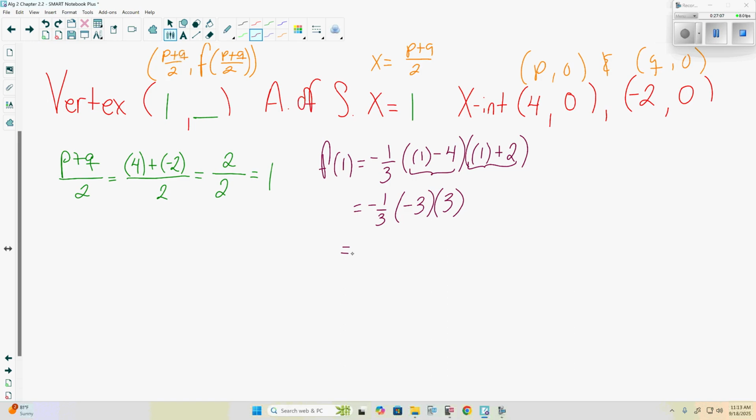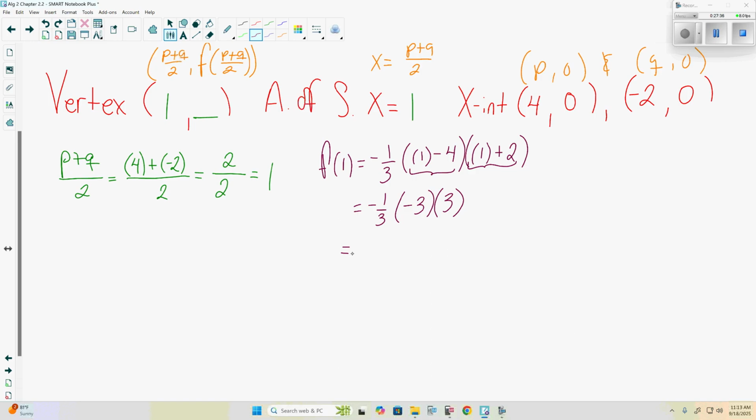Now, they were kind of nice with this here, especially with this fraction. We don't necessarily have to have integer answers every single time. But if we look at this, we have a negative times a negative times a positive. Well, a negative times a negative is a positive. Positive times a positive is still positive. 1/3 times 3 is 1, because 1/3 times 3 is 3/3, which is 1.